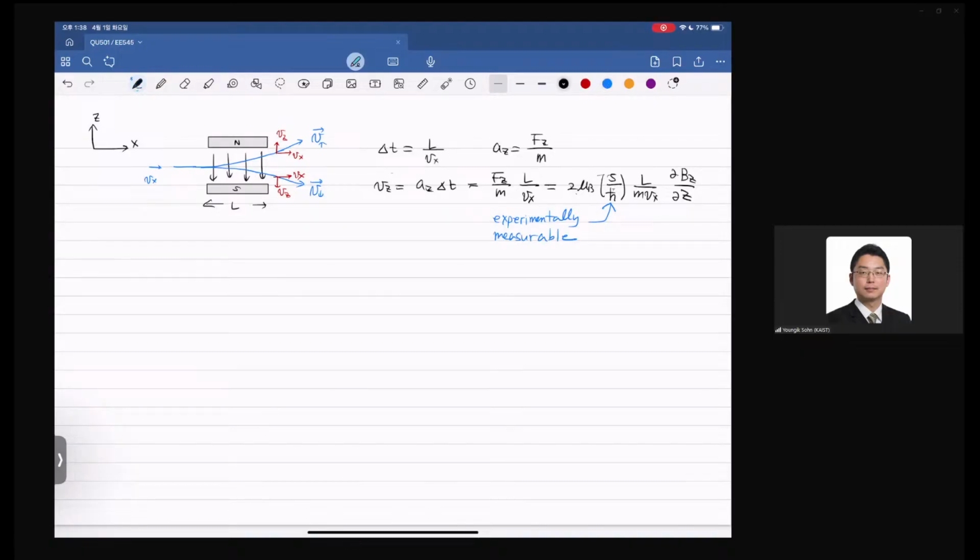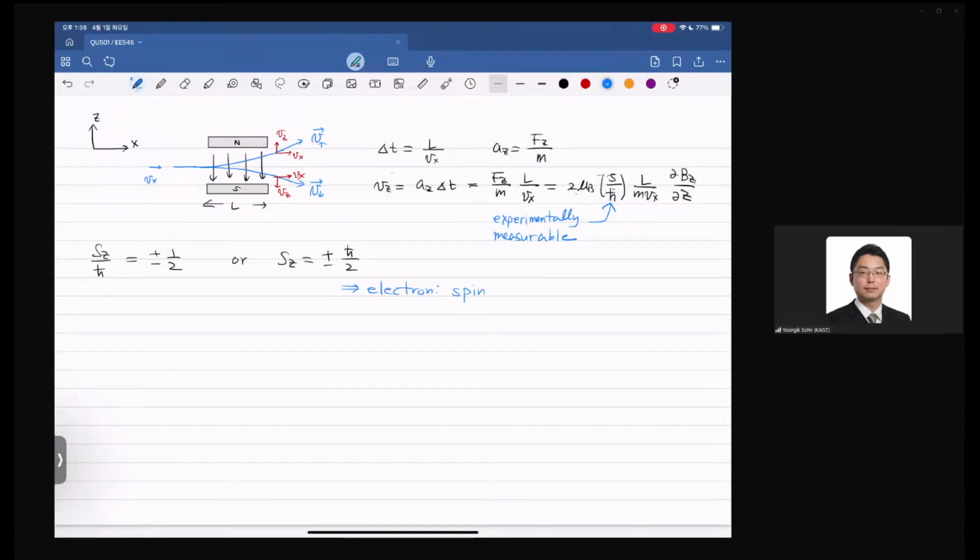So if you do so, what you'll get is plus minus half. That's the electron spin. That's why the electron is called a spin half particle. Let me just write it this way: h bar over half. So the electron is a spin one half particle.